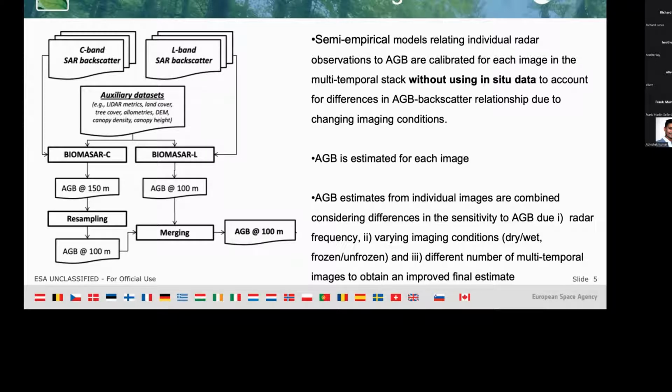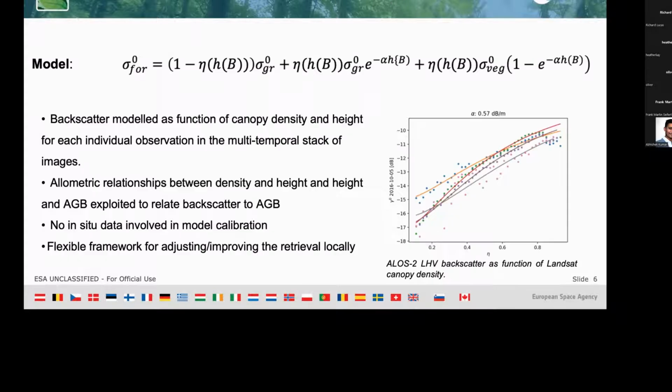And in the end, we combine them multitemporally and across the two different frequencies, considering the strength of the biomass signal we have in each individual measurement. So to get an improved best possible estimate in the end. And all this is done at 100-meter resolution.